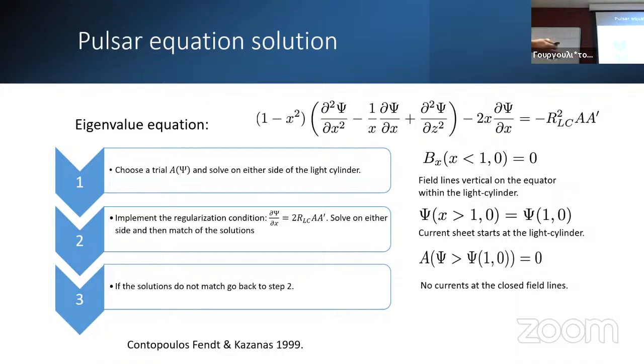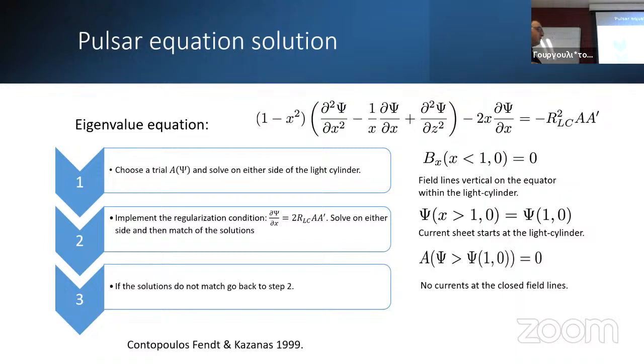So instead of solving one equation for the whole domain, we have two equations, one for the interior and the other for the exterior. Then we want these two solutions to match with each other in a smooth way.